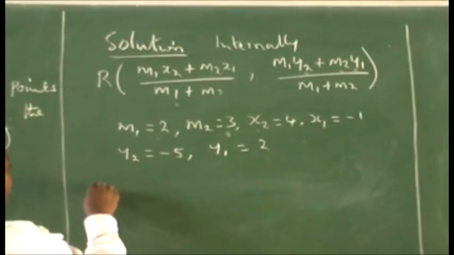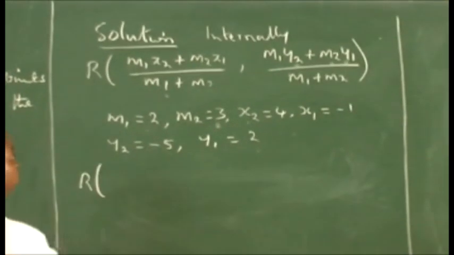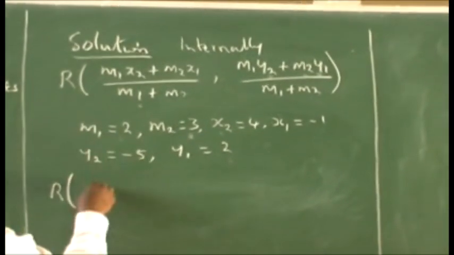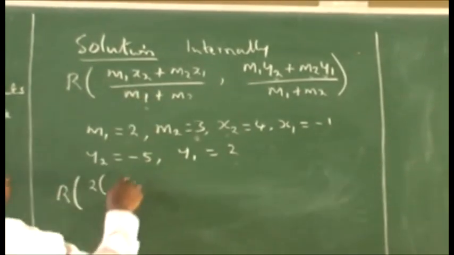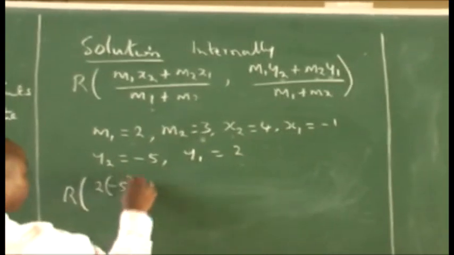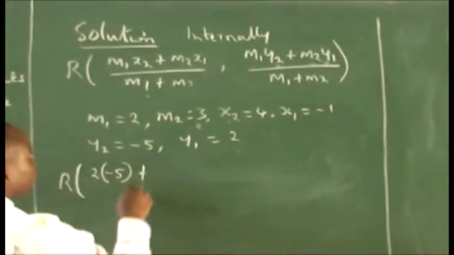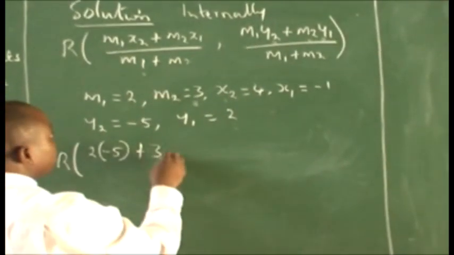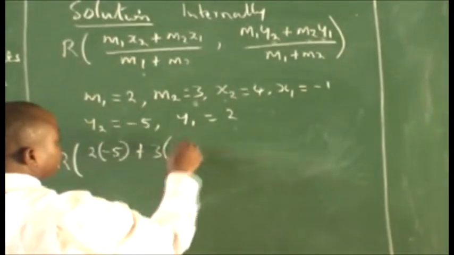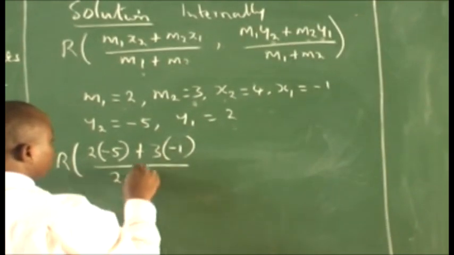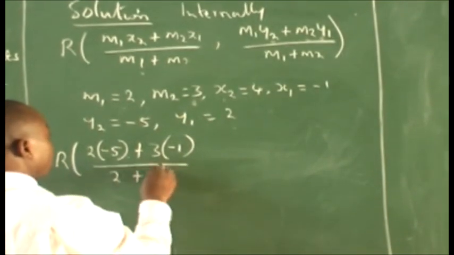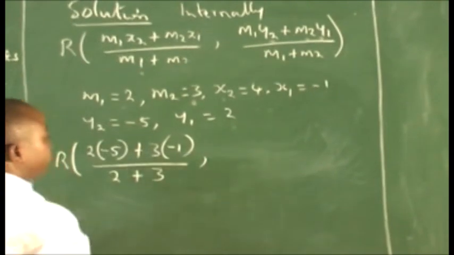So we will have that R will be M1, which is 2, times X2, which is minus 5, plus M2, which is 3, times X1, which is minus 1, all over M1, which is 2, plus 3 as M2.